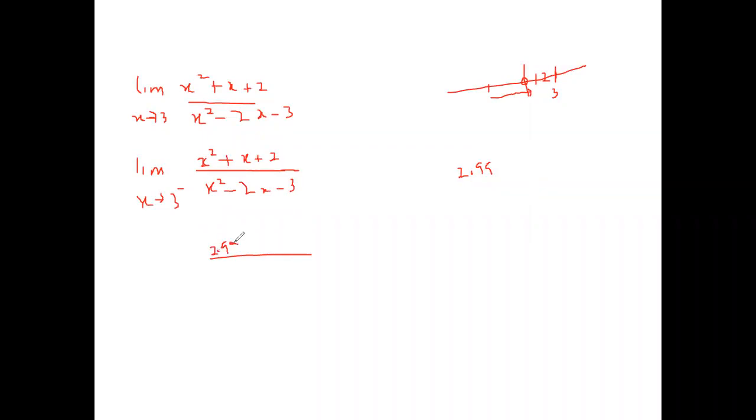We just want to do some investigation, so have your calculators by you. 2.99 squared plus 2.99 plus 2, over 2.99 squared minus 2 times 2.99, minus 3.